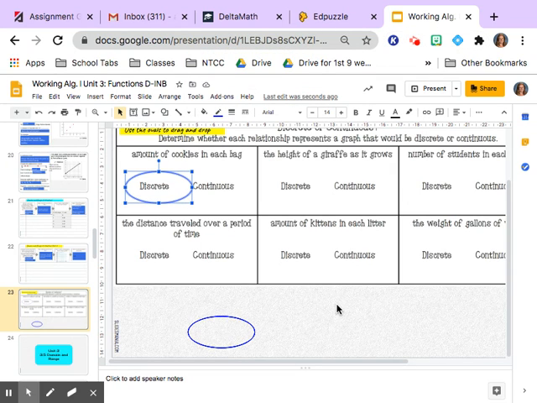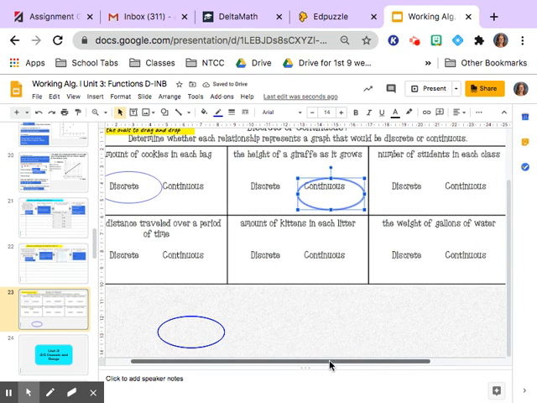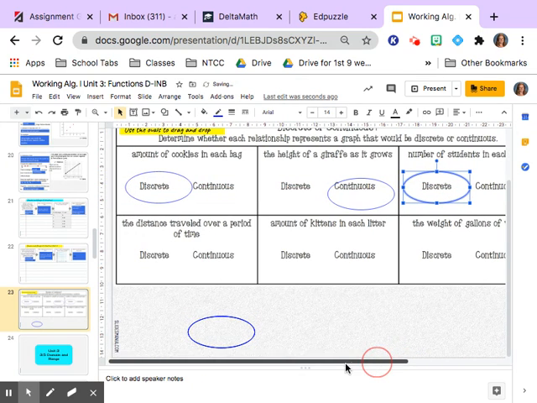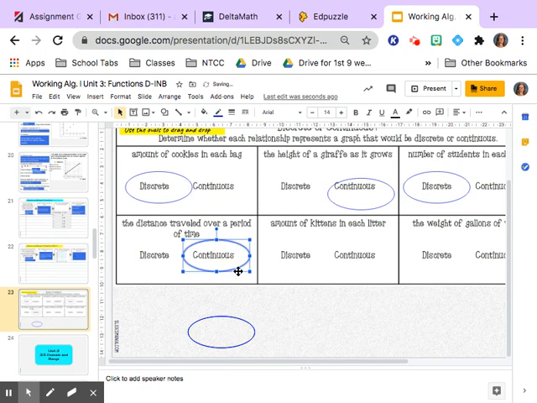Okay, so let's see. The height of a giraffe as it grows. What do y'all think? Number of students in each class. Discrete. Distance traveled over a period of time. Continuous. Distance, it's measurement. Amount of kittens in each litter.